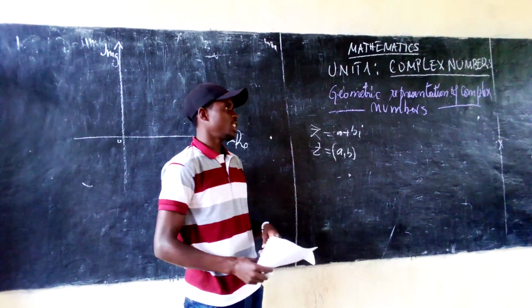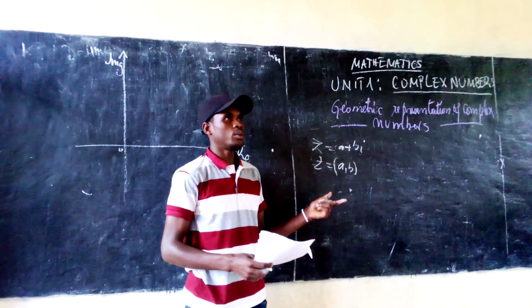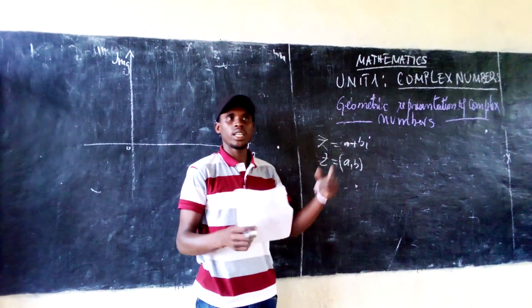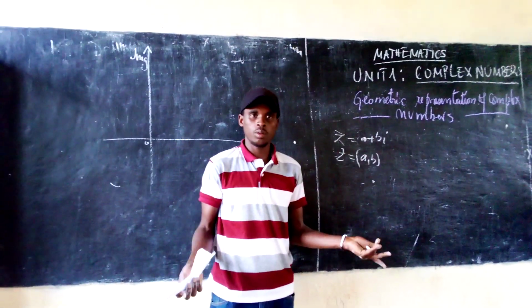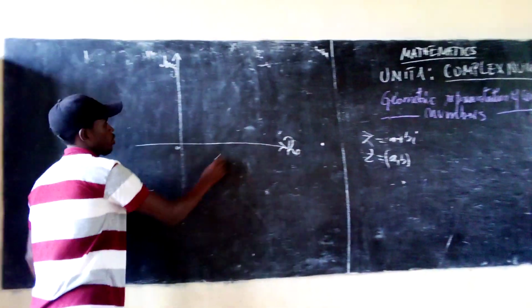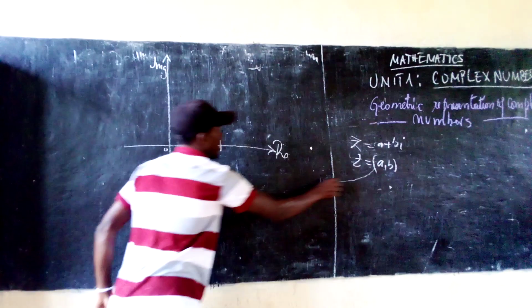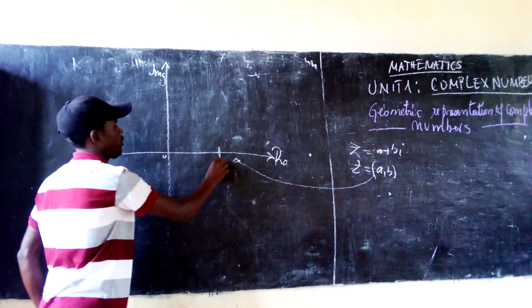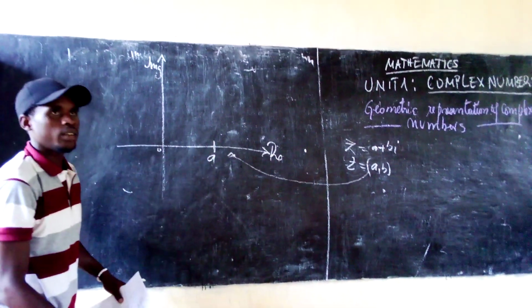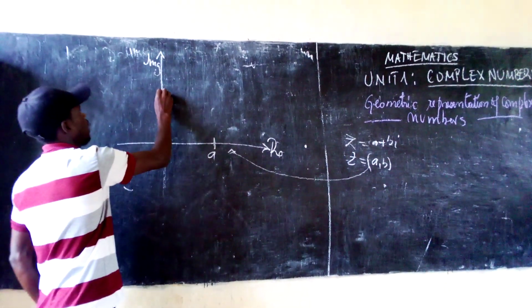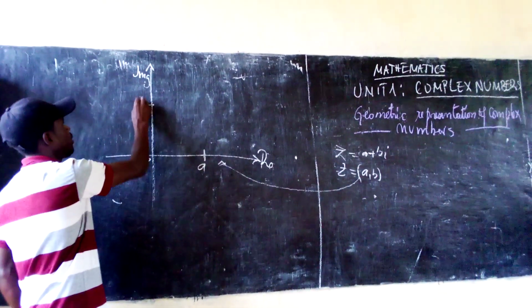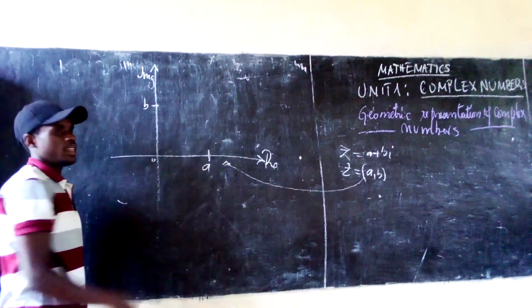Then we show the coordinates on a Cartesian graph as we usually know. You know that this a corresponds to the value of the real part, and the imaginary number like this.